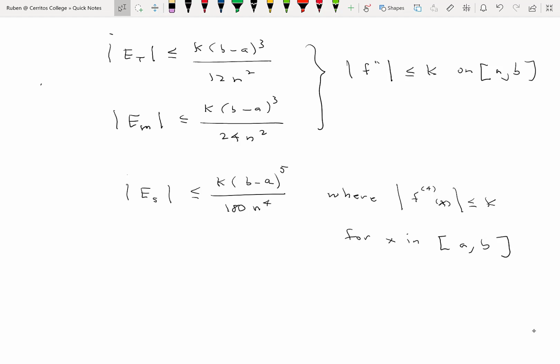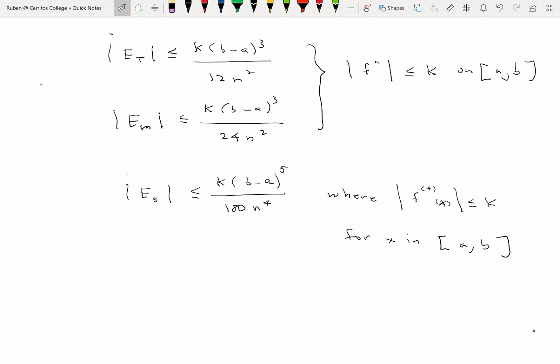So the magnitude of the error is no bigger than K times (b minus a) to the 5th, not to the 3rd anymore. Now look at what we're dividing by: 180. And that's not really what makes the error so small. It's the fact that we're also multiplying by n to the 4th in the denominator. The error estimates for the trapezoid and midpoint rules have n squared in the denominator. When you take the number of sub-intervals, say 5 or 10 or whatever, and square it, you get a bigger number.